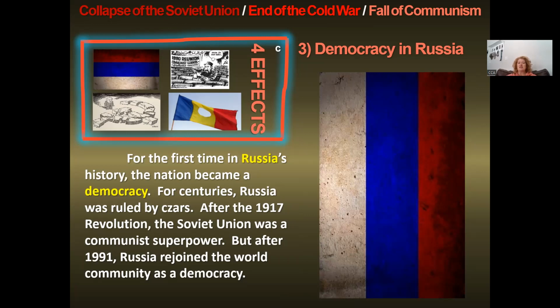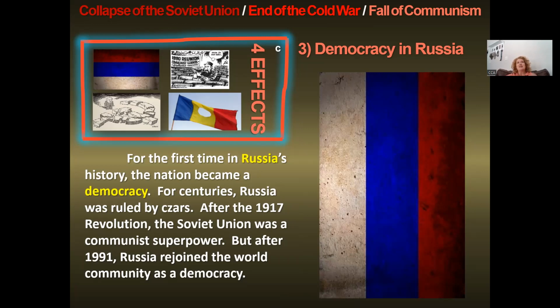It wasn't until 1991 that Russia rejoined the world community as a democracy. So it's funny because this PowerPoint was clearly created before everything that's going on with Russia today. And Russia does not appear like a democracy.